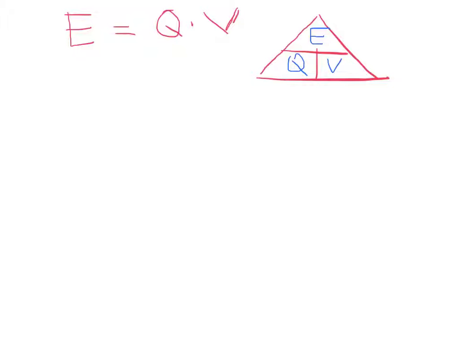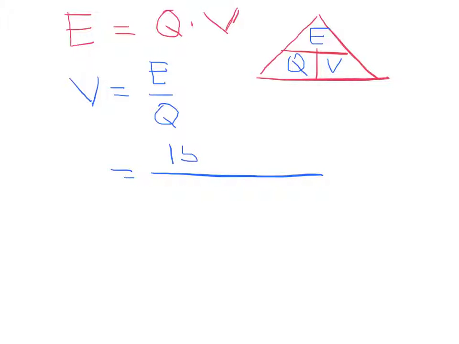So if we are solving for V, V would be equal to E divided by Q. And we know that E is 15,000 joules divided by our Q, which is 110 coulombs.